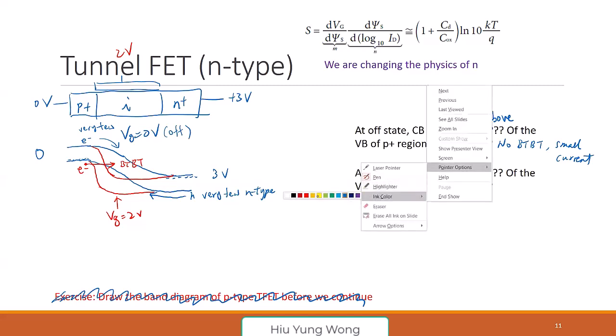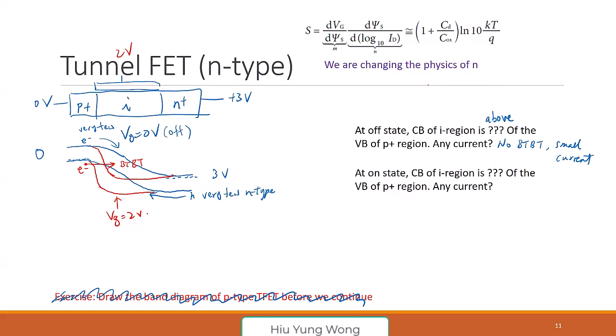When we go to on state with high VD, high VG, the conduction band of the intrinsic region or the channel is where of the valence band of the P plus region? Anyone? I should not say off, right?